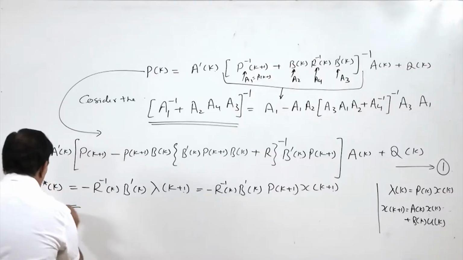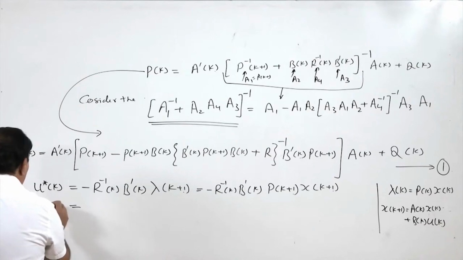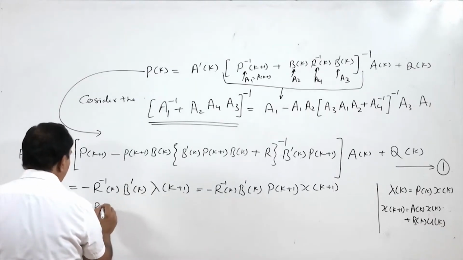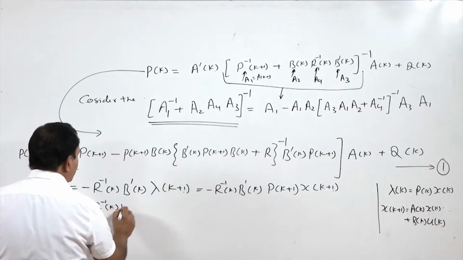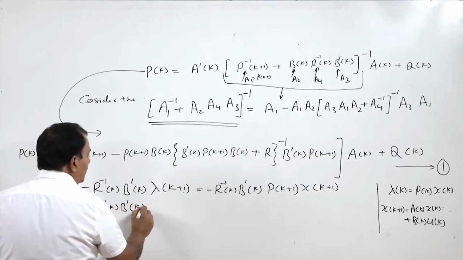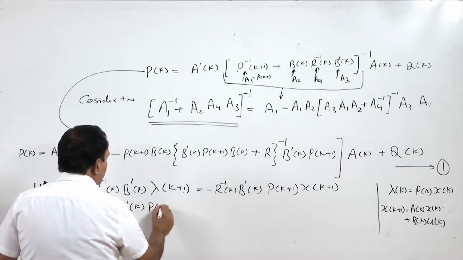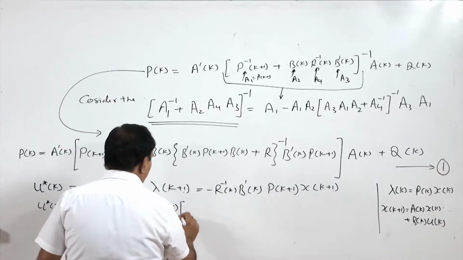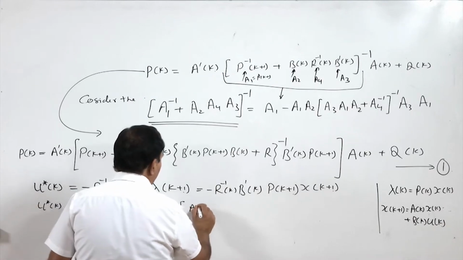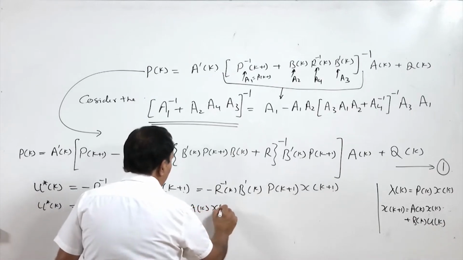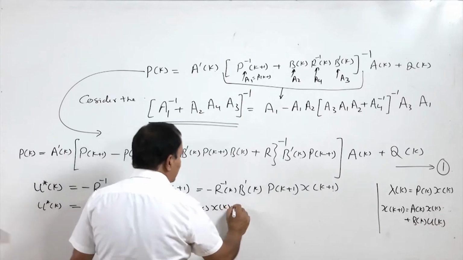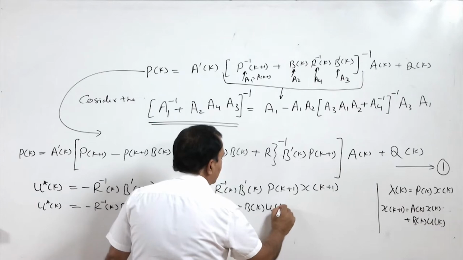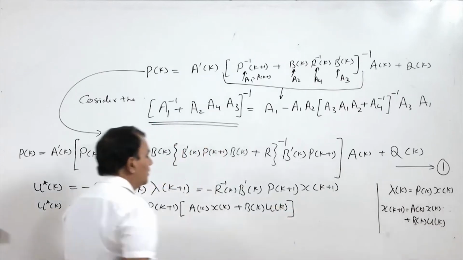So, my u star k is nothing but minus R inverse B transpose P(k+1), and for this I will have A(k) x(k) plus B(k) u(k).